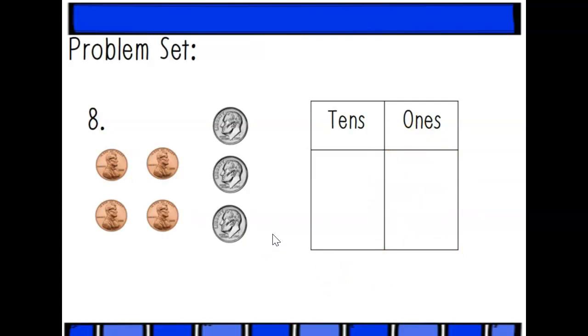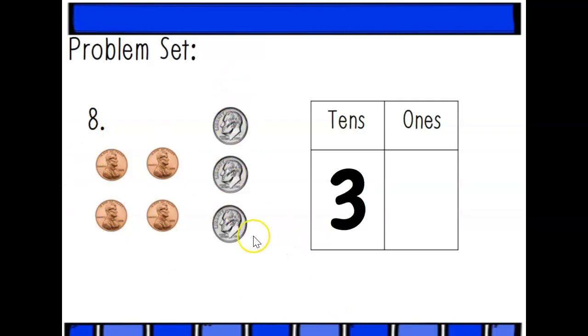All right, let's look here. We have, how many tens do we have? Did I trick you? Did you say 4 or did you say 3? You should have said 3 tens, even though we see the pennies first.